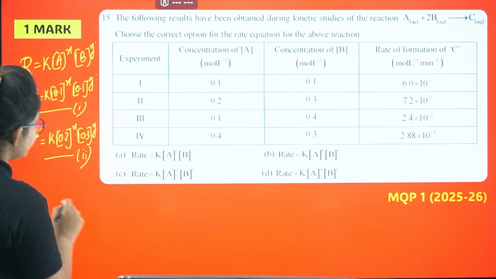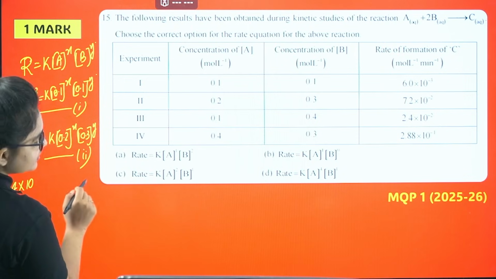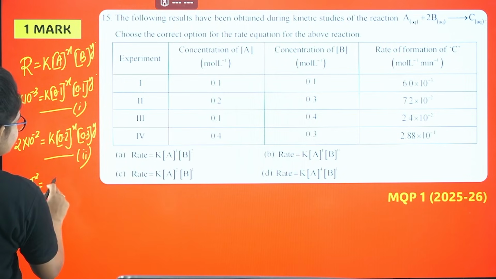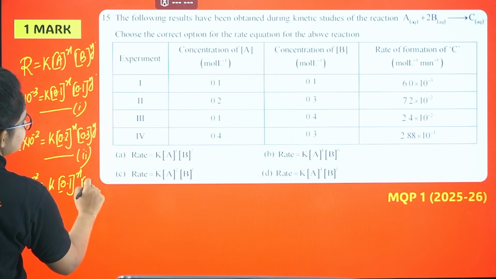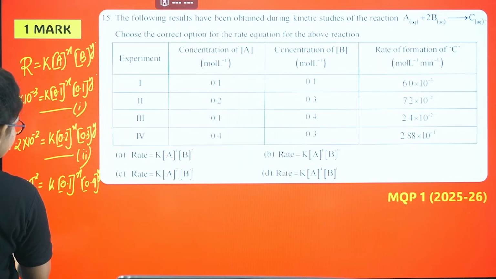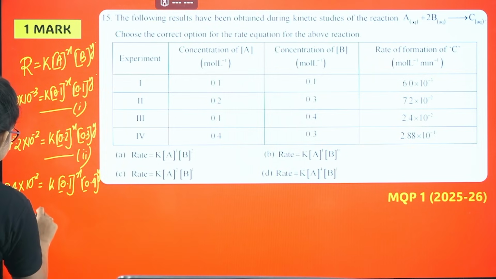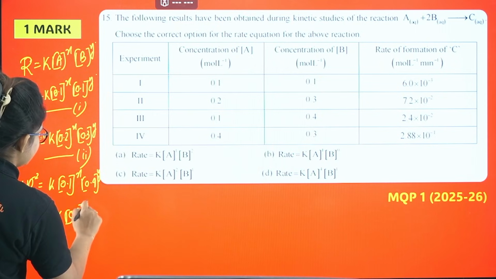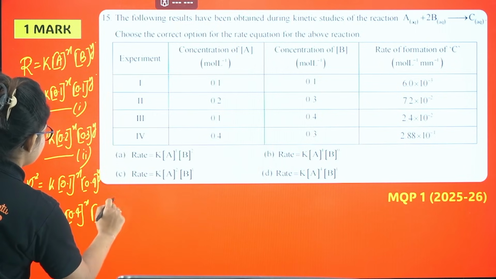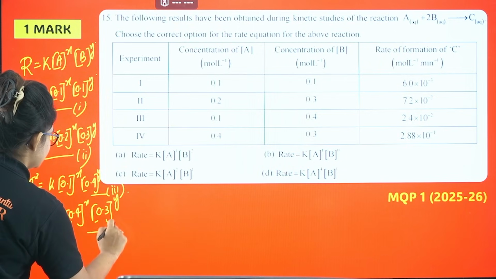Next is 2.4 into 10 power minus 2 equals K into 0.1 power x into 0.4 power y. This is equation number 3. Next is 2.88 into 10 power minus 1 equals K into 0.4 power x into 0.3 power y. This is equation number 4.